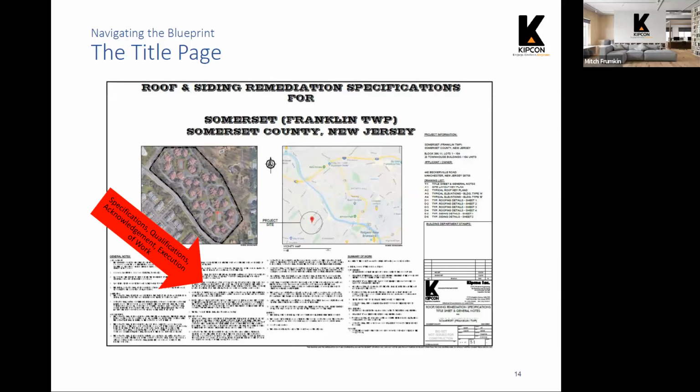They require 72 hours notice to come in and mark out the locations of utilities prior to the contractor digging in the ground. That might be noted here in the general notes on the cover sheet.